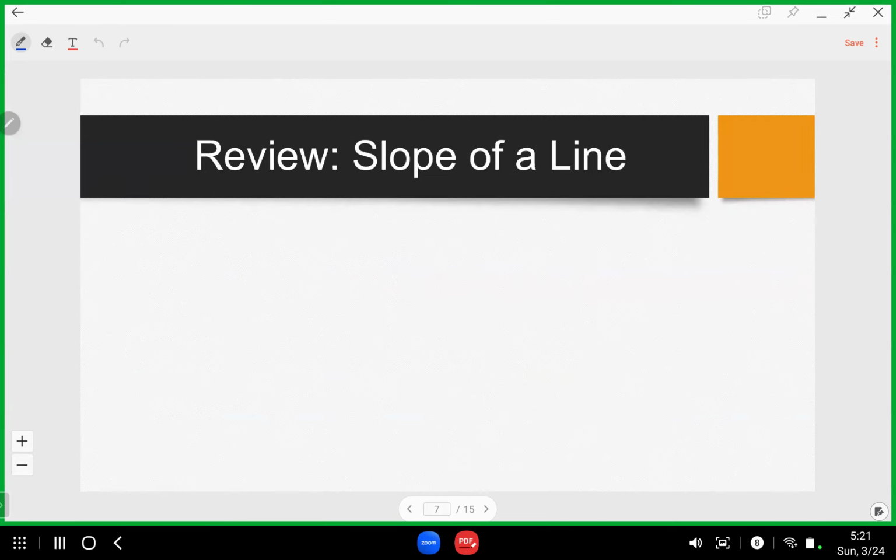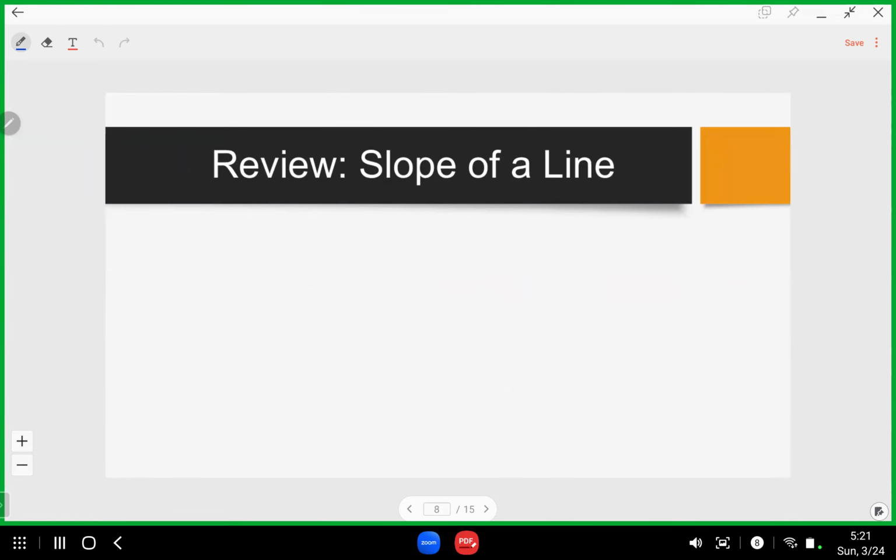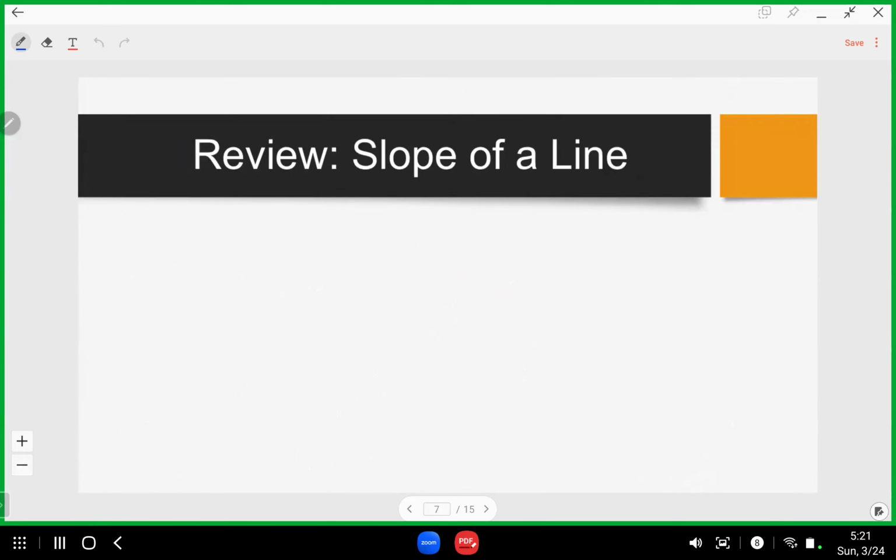Let's go on to the slope of a line. Okay, so you really need to know the slope. Okay, you need to know how to find the slope, but you also need to know how to find it quick. You need to look at 2 points and you need to know the slope, right? These things build up. Okay, so let's review slope of a line.